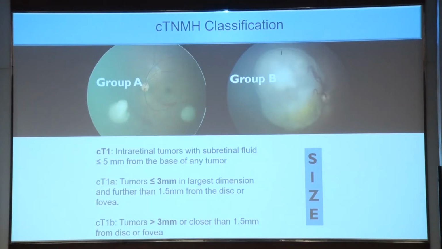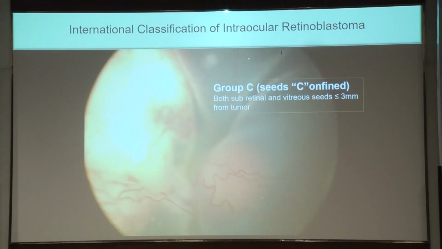Now correlating this to the clinical TNMH classification. So we have in TNM T1a, where we have tumor less than 3 millimeters in size, and 1b, which is more than 3 millimeters in size. So T1, there is one component which is taken care of, that is size, and this correlates to group A and group B. Okay, T1, which is actually group A and group B, correlating to it.